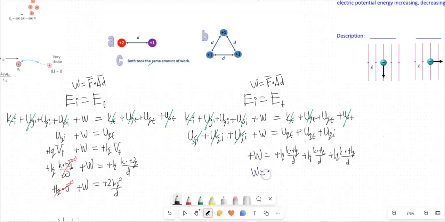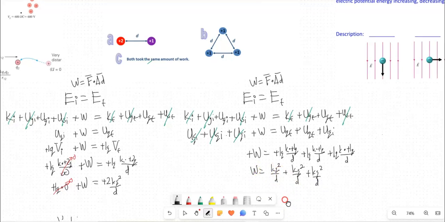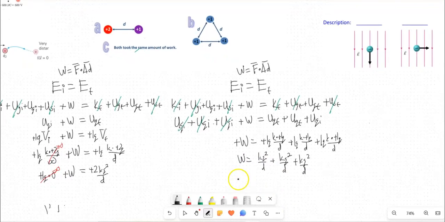So the work here is going to be KQ squared over d plus KQ squared over d plus KQ squared over d. Working this out, the amount of work to put all three particles together would be positive 3KQ squared over d.